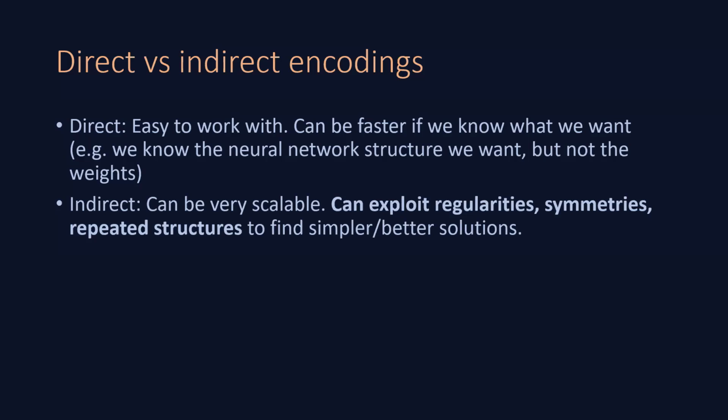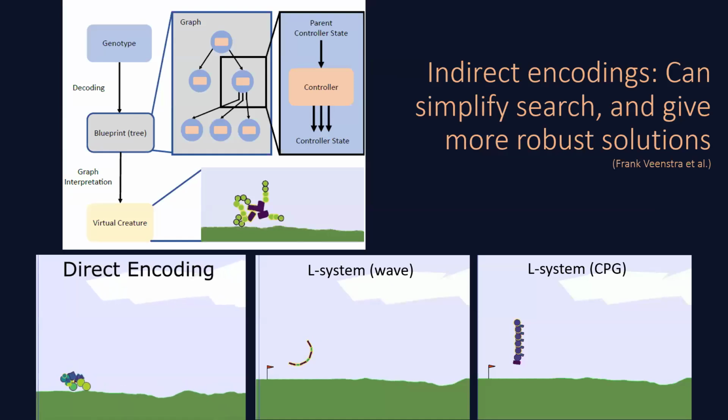So let's see one final example of this. Again, this is from work by our colleague Frank. He tested direct and indirect encodings for building these modular robots. On the left here, you see the best robots that were optimized for walking with a direct encoding. You see that it uses all sorts of different design elements and doesn't have any way to benefit from reusing knowledge or information.